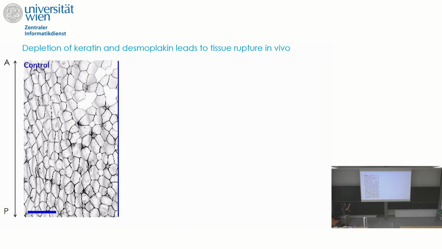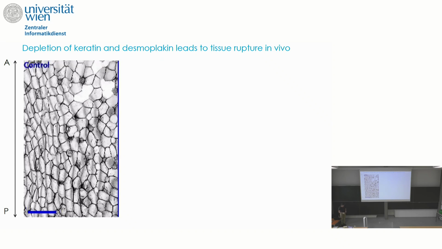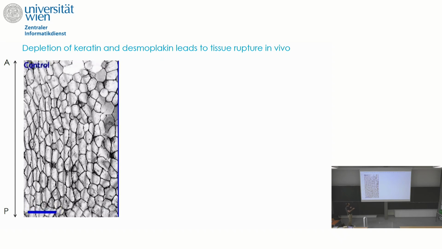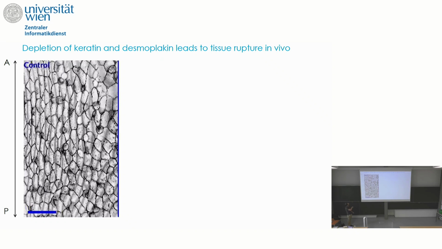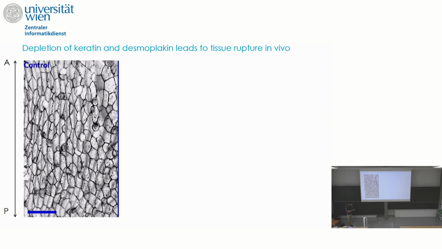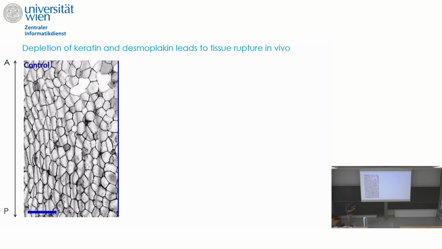So again here, this is towards the head, this is towards the tail, and you can see the cell boundaries here. Essentially, the tadpoles are expressing a membrane GFP, and what you can see over time is that the cells become elongated along the anterior-posterior axis.